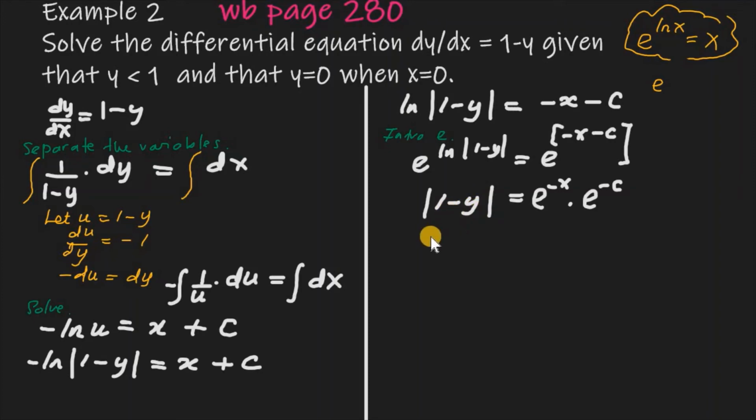So what is y? Meaning 1 minus y is e power negative x, multiplied by a constant e power negative c. Let's reduce it because it's a constant; you can call it a big C. Multiply C. So rearrange this.